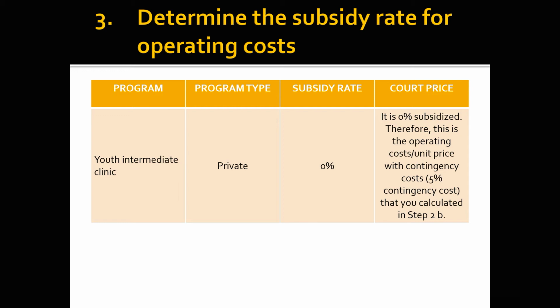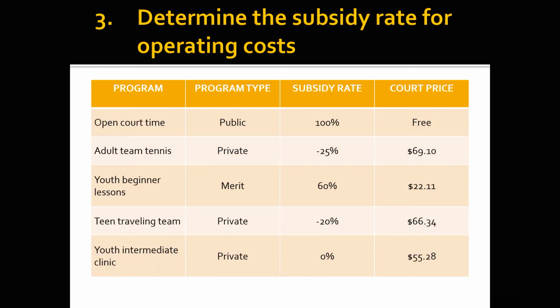So that was $55.28. So here you can see that when you're looking at an overall organization, you don't actually charge the same operating expenses for each of your programs. It is based on subsidy and the type of program, whether you're looking at public, private, or merit.